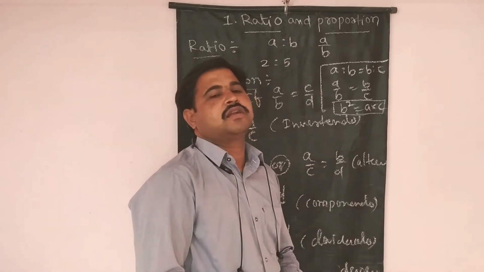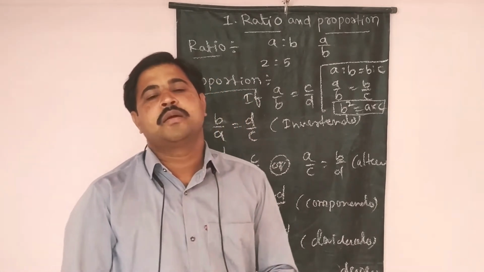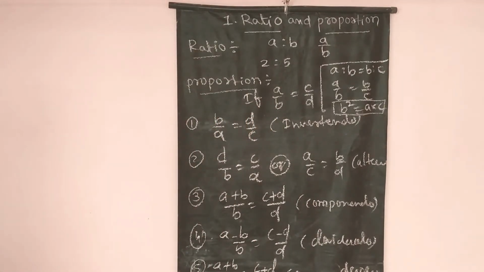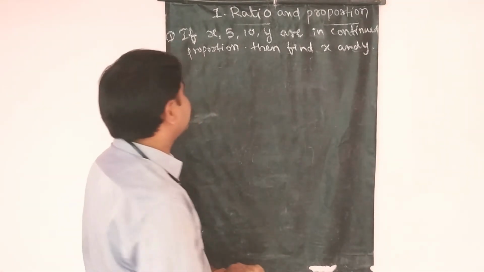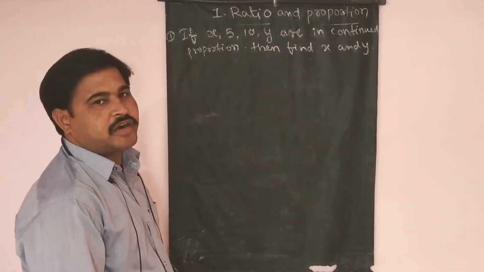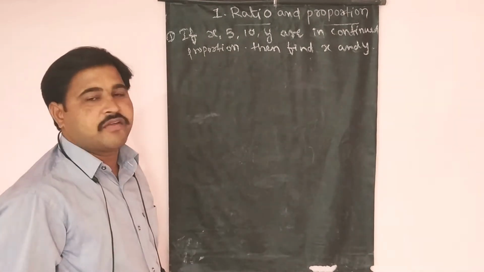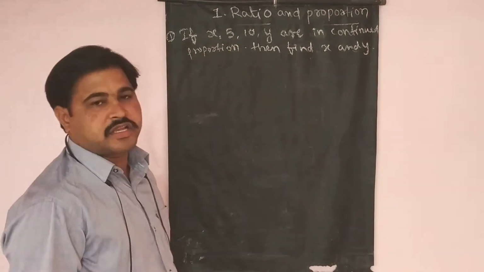And next we have to learn problems on ratio and proportion. One problem: if x, 5, 10, y are in continuous proportion, then find the x and y values. The four terms are in continuous proportion.